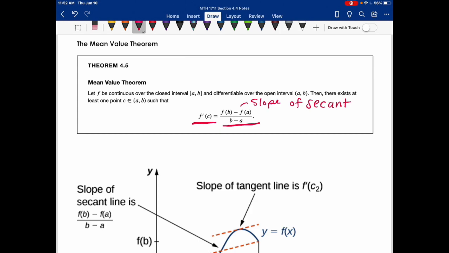So this is the slope of the secant line that runs between the two endpoints.